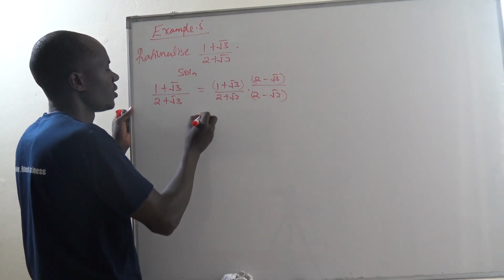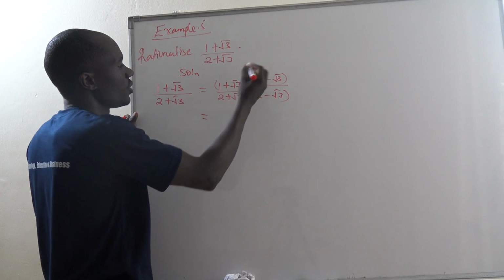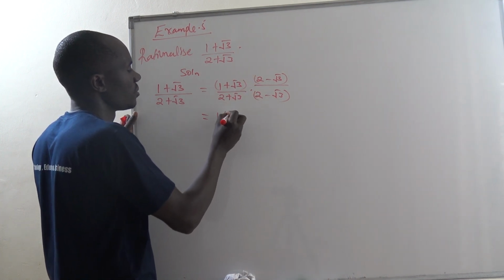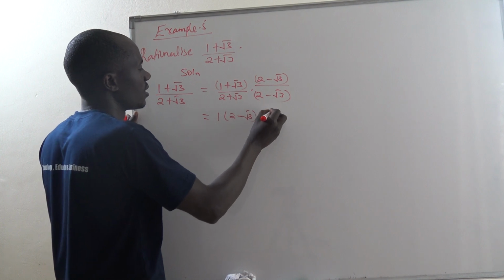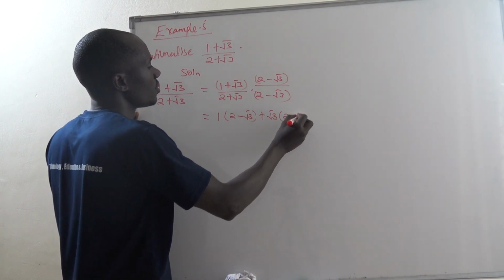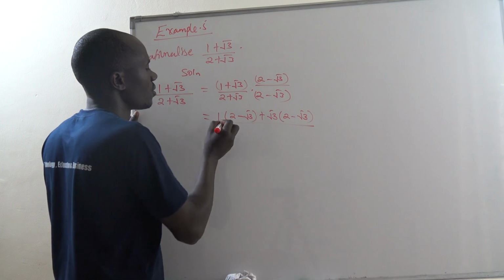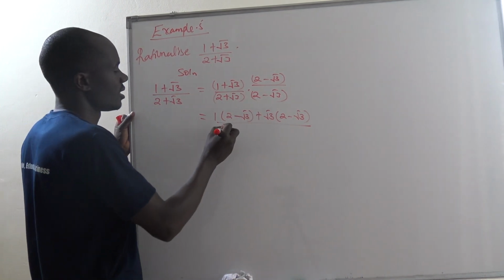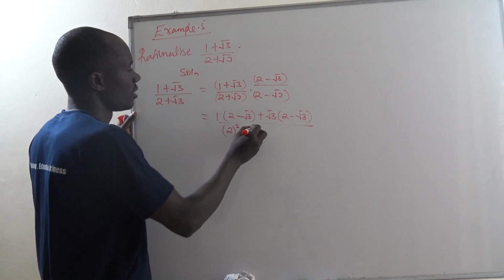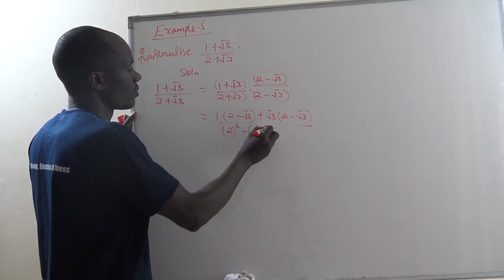So we are now free to open up the brackets. It will be 1 into (2 minus root 3), then plus root 3 into (2 minus root 3), all over, this one is a difference of 2 squares. Apply it, this is 2 squared minus root 3 squared.